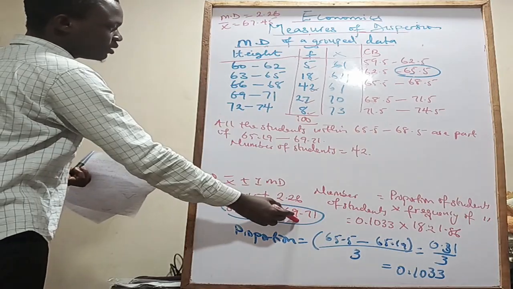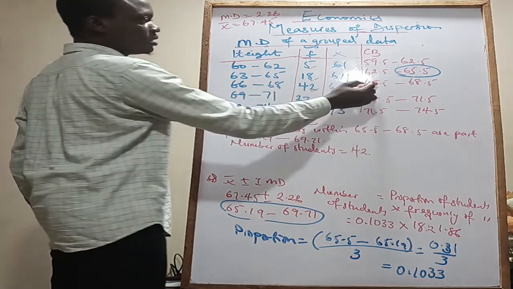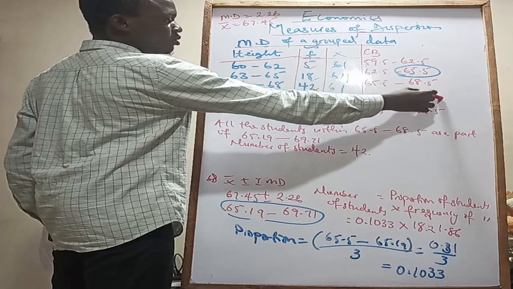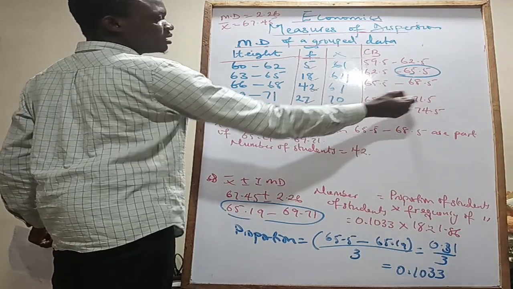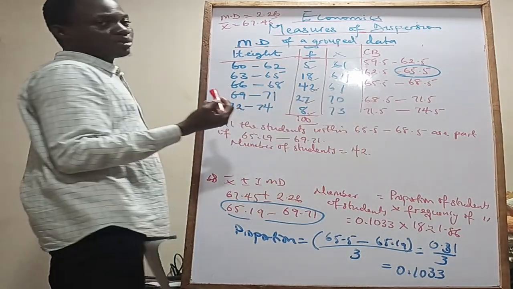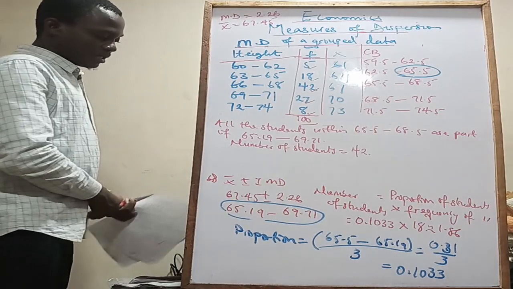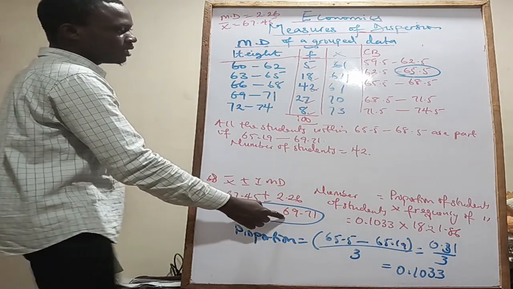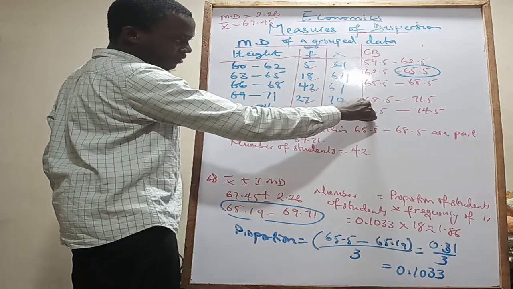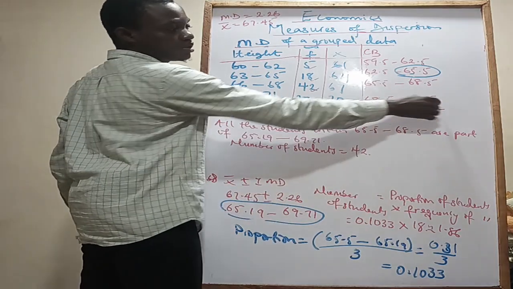We are going to 69.71. So 69.71 is still around here, between this and this, but it is not everything. So we need to do proportion again. Our students, where we are getting to, is from 68.5 to 69.71, but it doesn't get to this part.